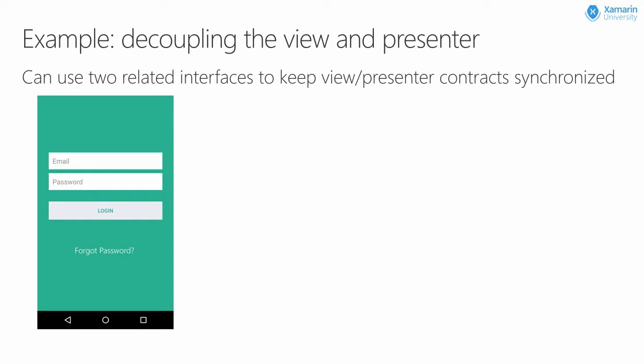Up front, we'll decide how these two classes will communicate, with the goal being that testing our presenter will allow us to fully test the view, and the presenter has no dependencies on the view for implementation. Our view class isn't going to care if the view is in an activity or a Windows Forms page or a Xamarin Forms page. The presenter just simply depends on the abstraction that we create.